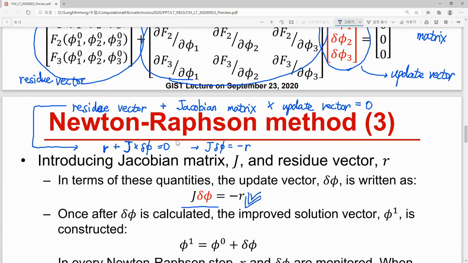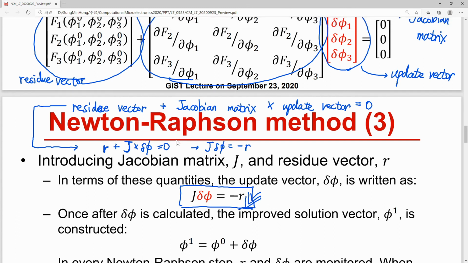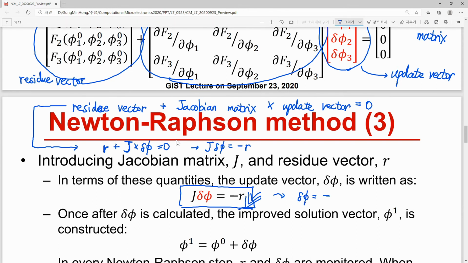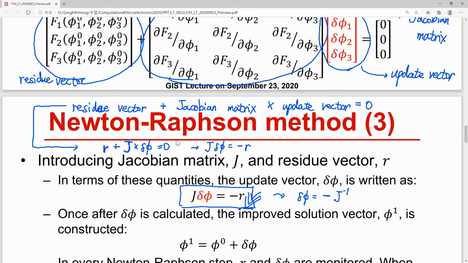So if we can solve this matrix vector equation, for example by multiplying the inverse of J, you can get delta phi equal to minus J inverse R. Then now you get the update for your temporal solution.